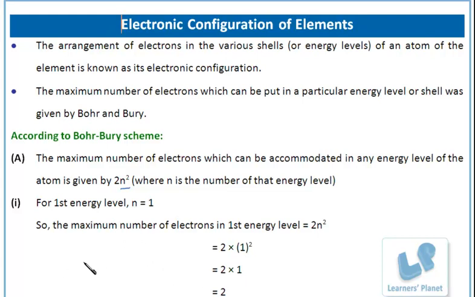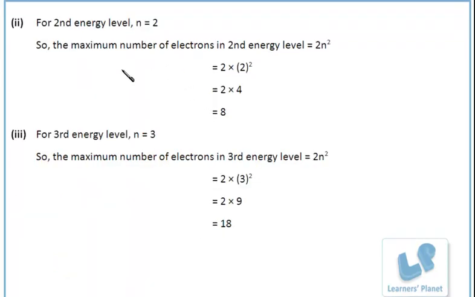The energy levels are denoted either by the numerals first, second, third, fourth, or by the alphabets K, L, M, N. K shell, L shell, M shell and N shell. Now the number of electrons in the second energy level: according to Bohr and Bury, the maximum number of electrons in any shell is equal to 2n square.